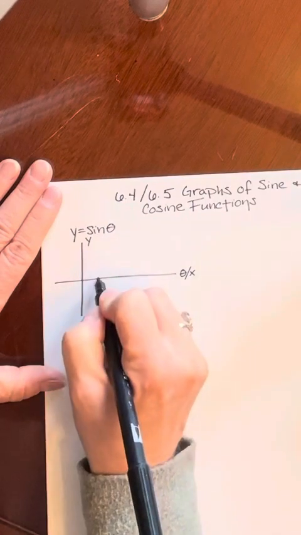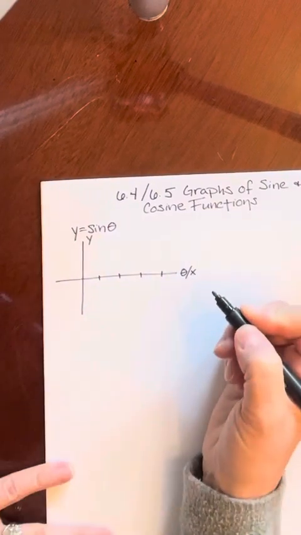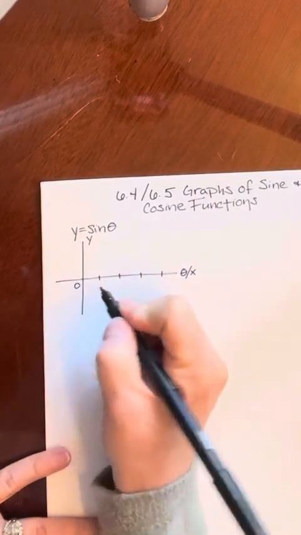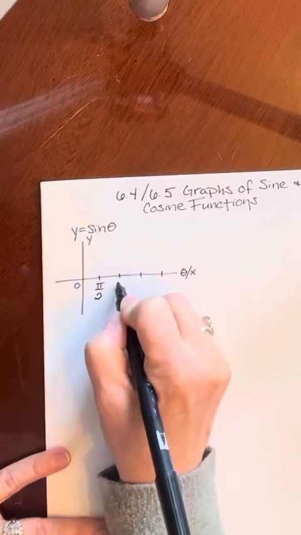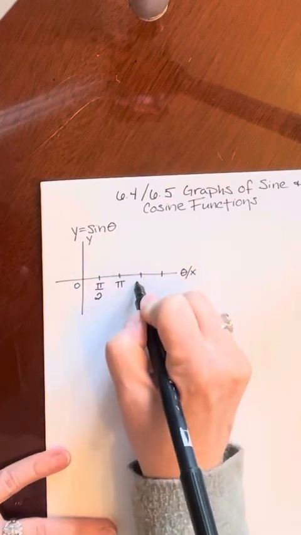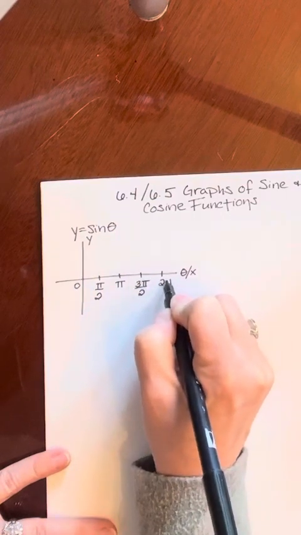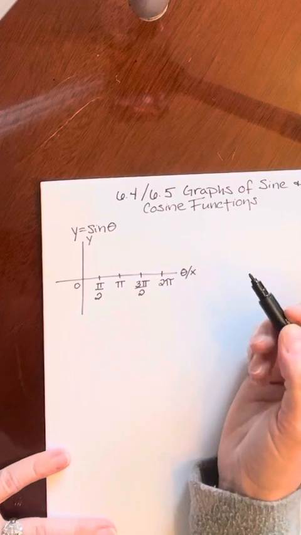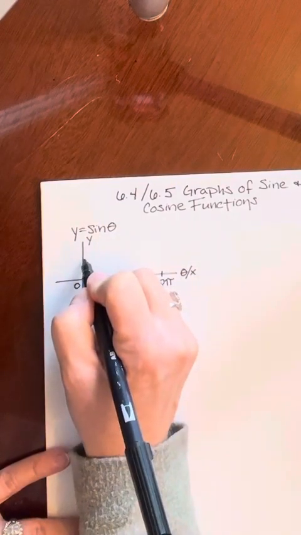And then there are 1, 2, 3, 4 quadrant angles. So we'll start at 0. We go around to pi over 2, then to pi, then to 3 pi over 2, then to 2 pi. So this is what we were doing with the candy last Thursday.